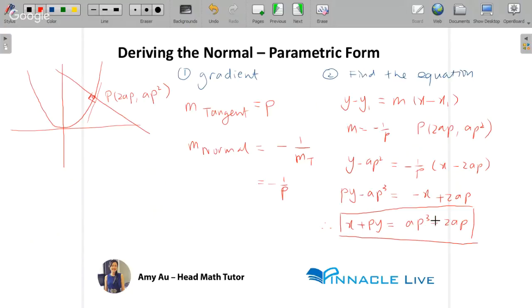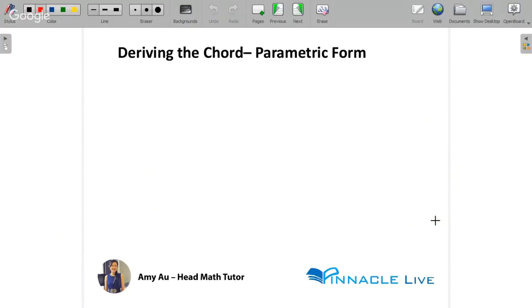Another very common one that comes up, this one doesn't actually sit on the reference sheet, is the chord. While it's not on the reference sheet, to be honest, it's not incredibly hard to derive anyway.